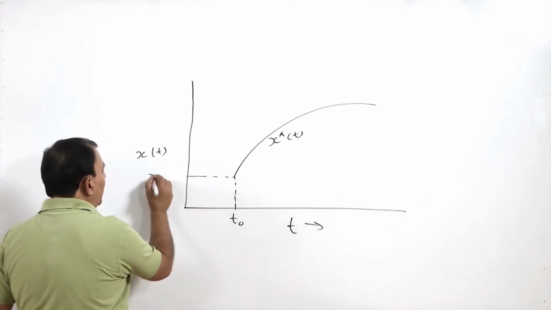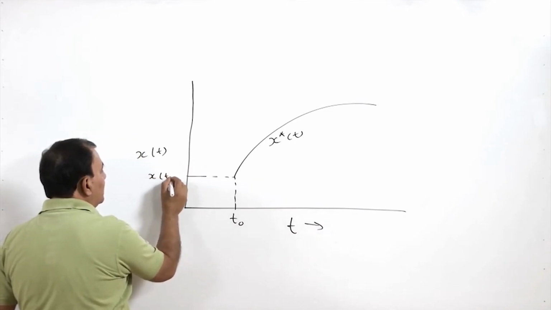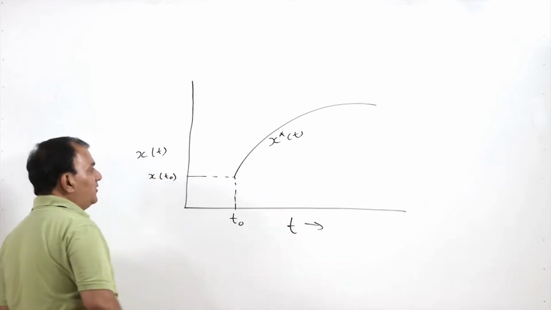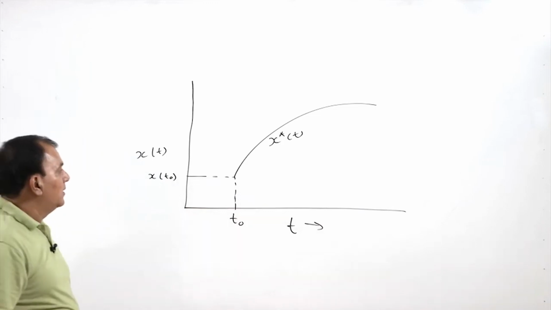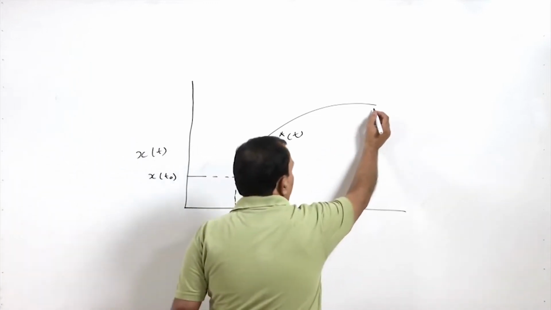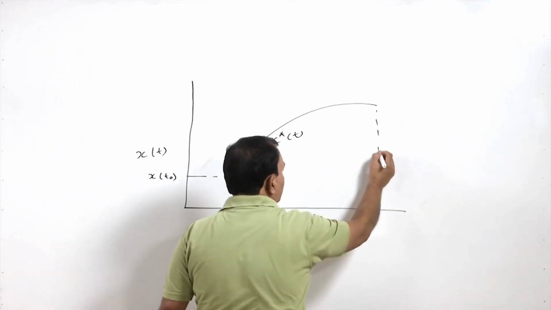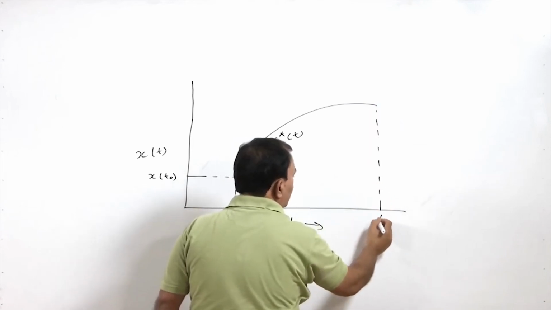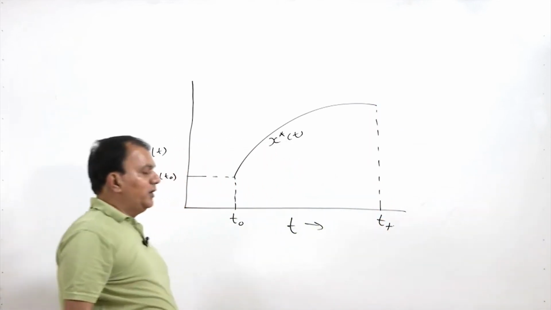At t0, let me have the value x(t0). This is my tf point.